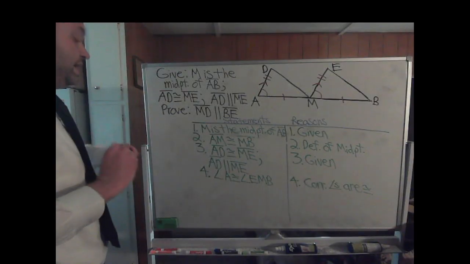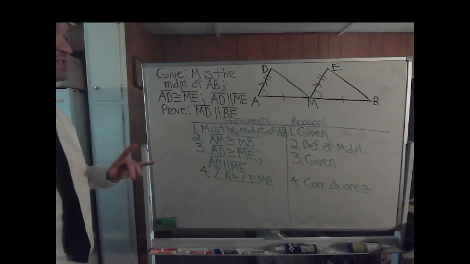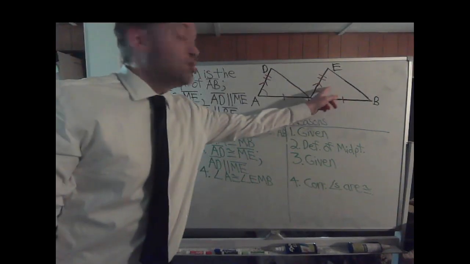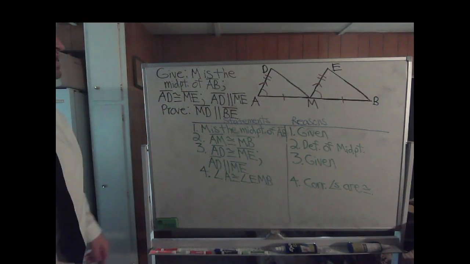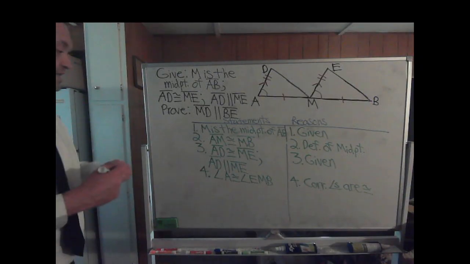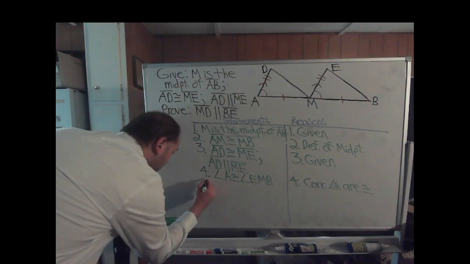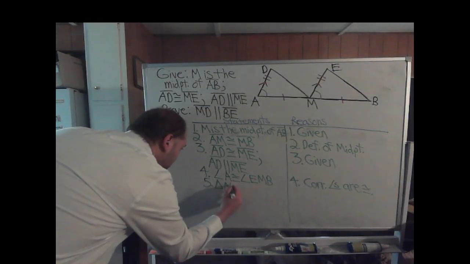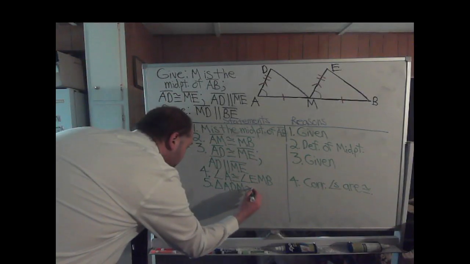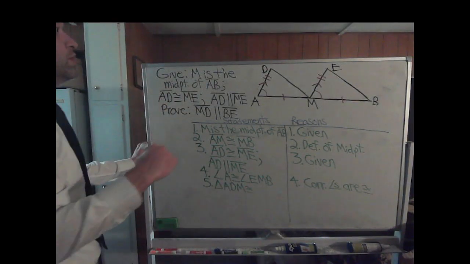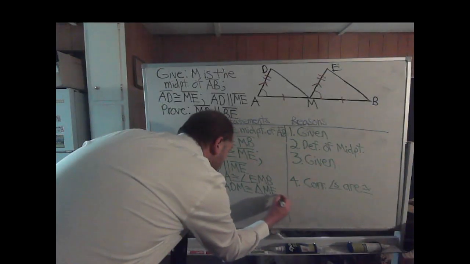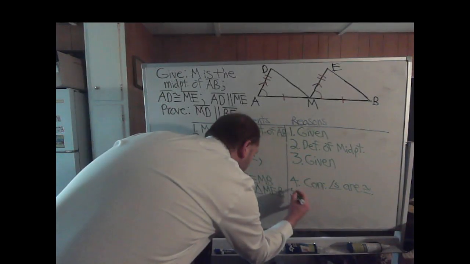Okay, so let's look at what we've got so far. We have a side, angle, and side of each triangle that are congruent. I think the only logical place to go from here is that triangle ADM is congruent to triangle MEB by the side angle side postulate.